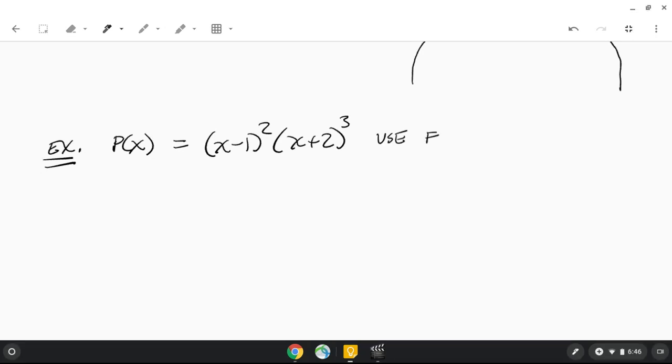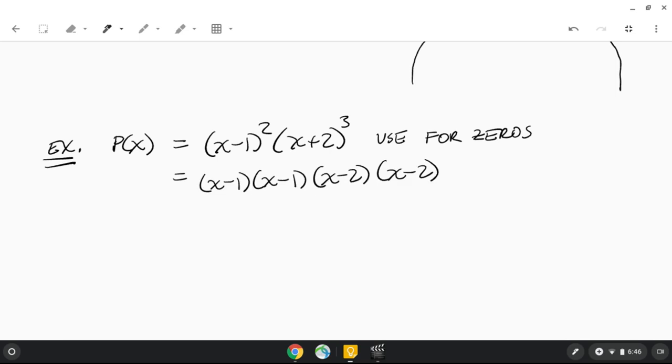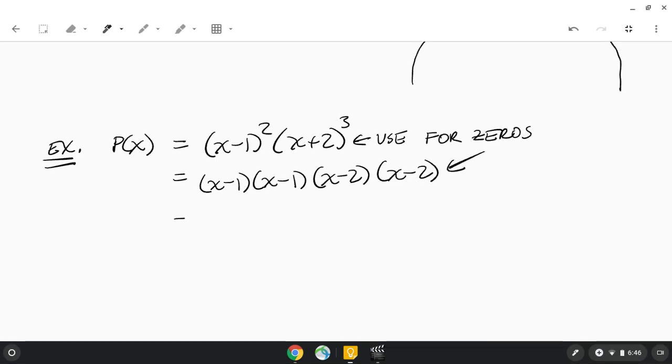I can use this form for my zeros. If you want to write them out individually, you can as well. Then we'll come up with what we're going to use for our end behavior.